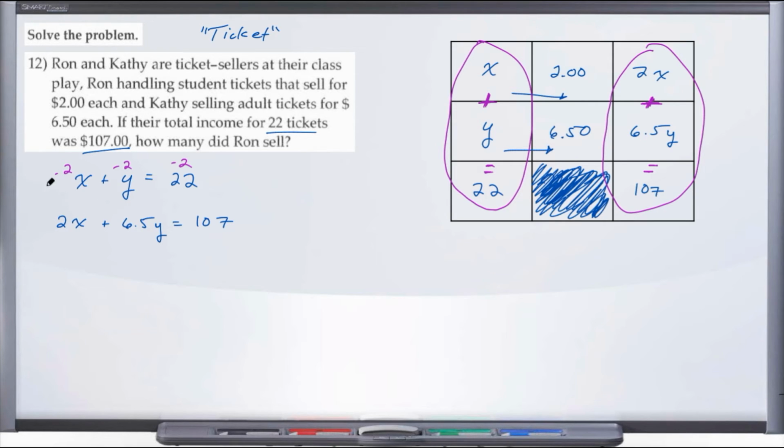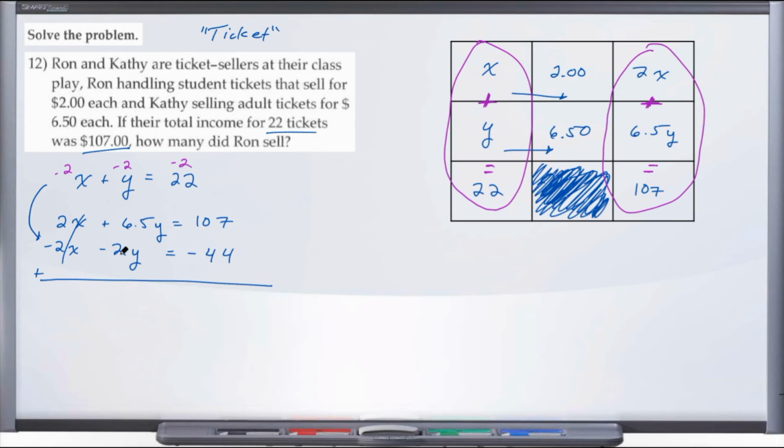So let's go ahead and now write the result of this multiplication right below. So negative 2 times x gives us negative 2x. Negative 2 times y gives us negative 2y. And then negative 2 times positive 22 is going to give us a negative 44. And let's go ahead now and add these two equations together. 2x minus 2x goes away.